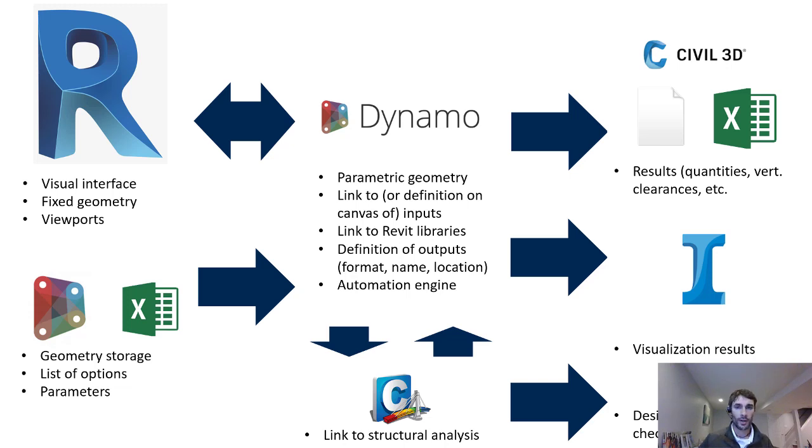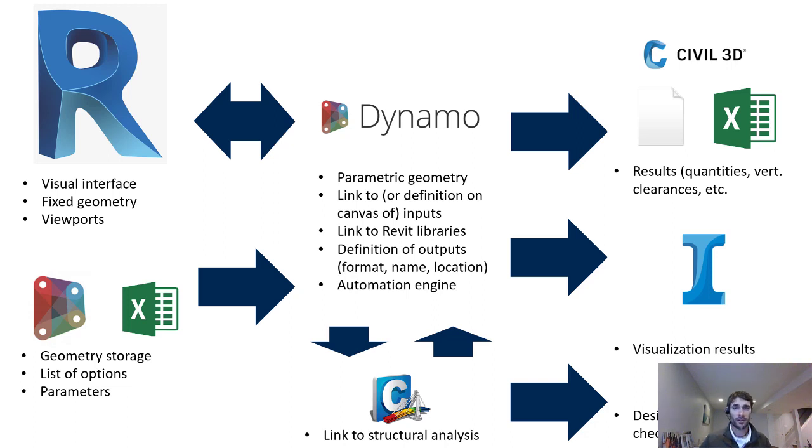And then finally, looking at the right-hand side of the screen, we have some of the results, quantities, things like that. The visualization of results is extremely important, and it's a byproduct of what we do here as well. On the analysis side, obviously we have our design stresses and codes. We're trying to link this data as much as possible, and I just wanted to give you a map.